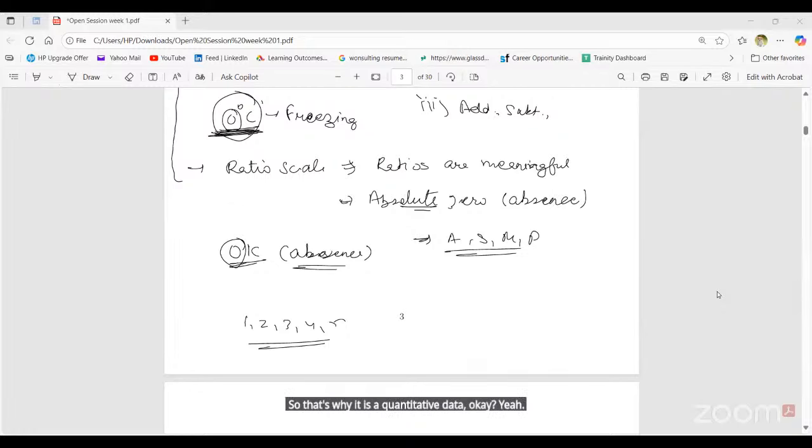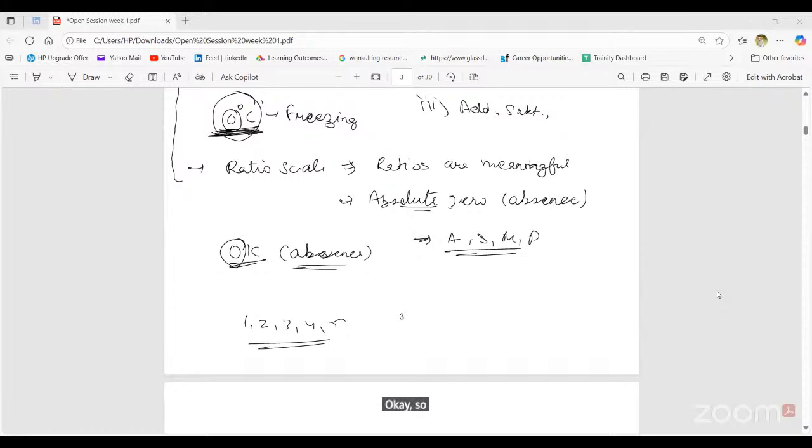Then, hello ma'am. Dia, right? Yes. Ma'am, there was one question in the 1.4 activity, and the question says the color of the hair, like blonde, red, and black.